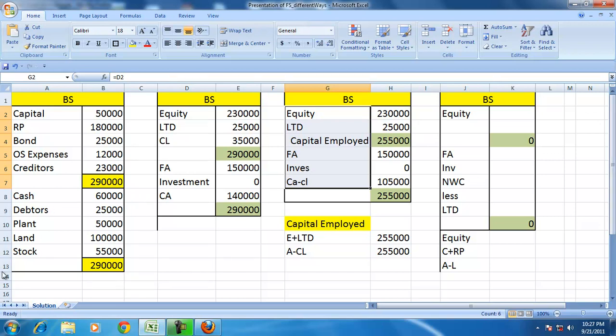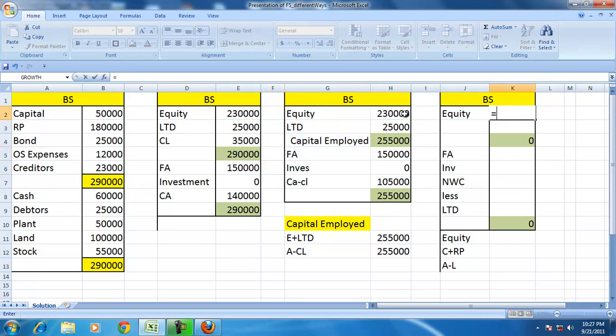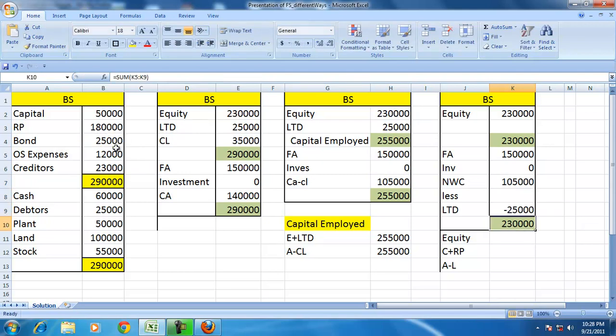Now we'll present the same balance sheet by giving a focus on the equity. So equity is equal to assets, fixed assets, plus investment, plus net working capital, minus the long-term debts. So equity is capital plus the retained profits.